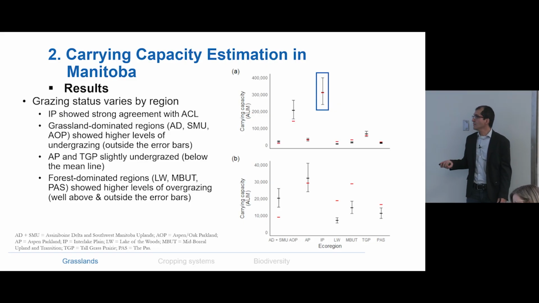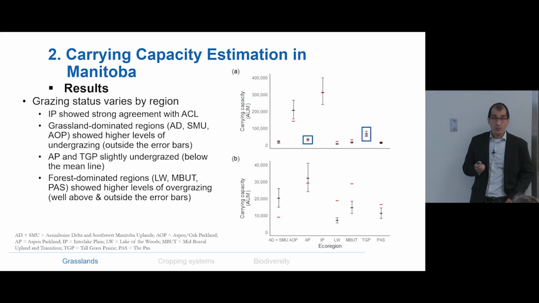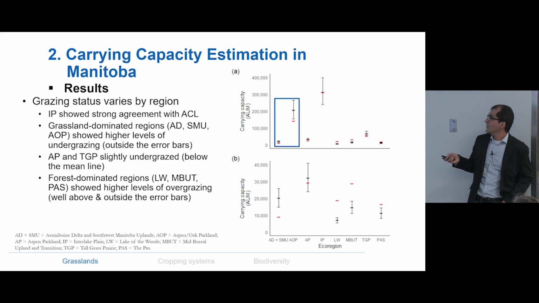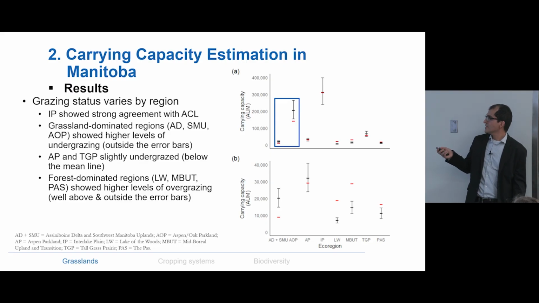What you saw is that for the region with the highest available carrying capacity, the province is doing quite well. We're actually utilizing this resource quite effectively because there was no difference there. Of course, you have to take into account this range here. So productivity varies within this range, but on average, we're not doing too bad. The potential, though, comes with the second largest ecoregion here, which is the parkland area.